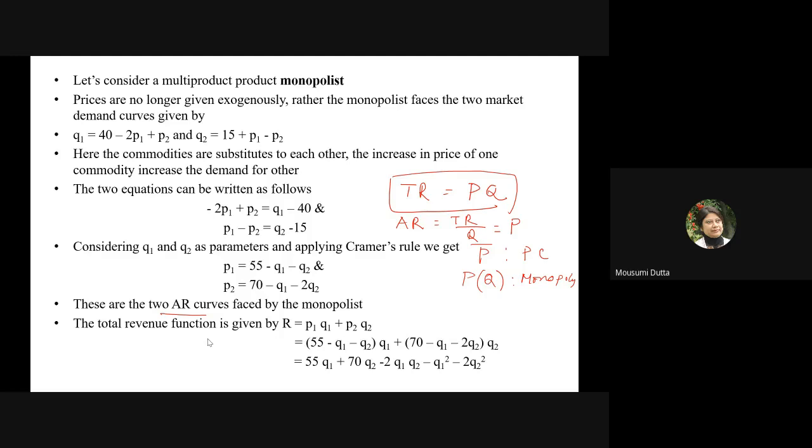So your task is to find out Q1 star, Q2 star first, then P1 star, P2 star, and then pi star. Once you get the values of Q1 star and Q2 star, please let me know.